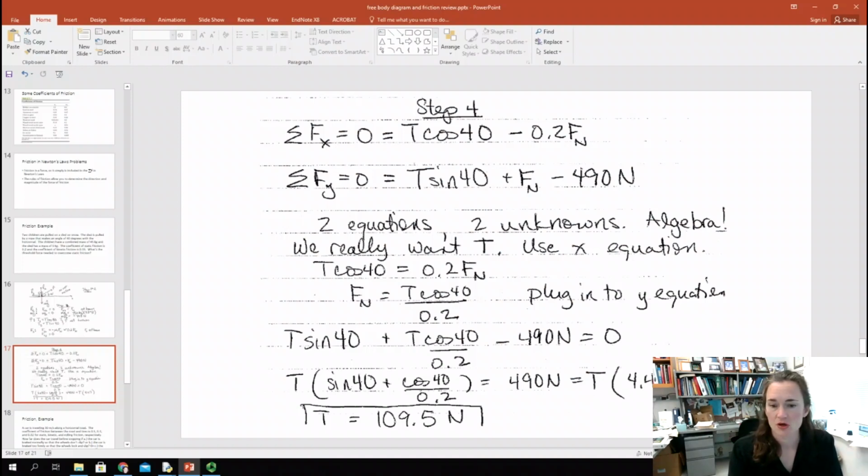Dividing both sides by 4.47, I end up with T equal to 109.5 newtons. So that's the threshold force that I have to apply to get the thing moving in the first place. Once I exceed 109.5 newtons, the kids will start to slide on the snow.